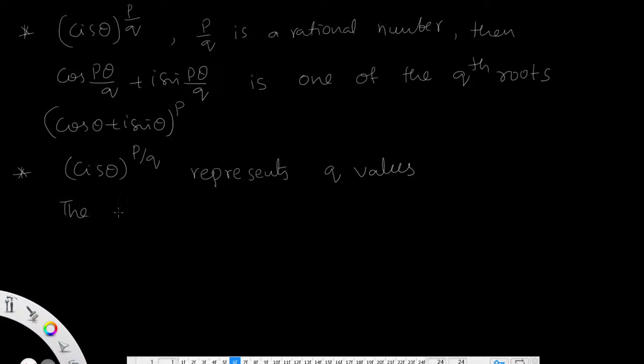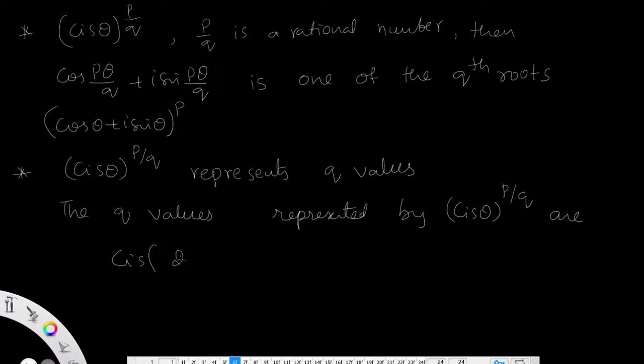The q values represented by cis theta whole to the power of p by q are in the form cis of (2k pi plus theta) whole to the power of p by q, where k equals 0, 1, 2, and so on up to q minus 1.